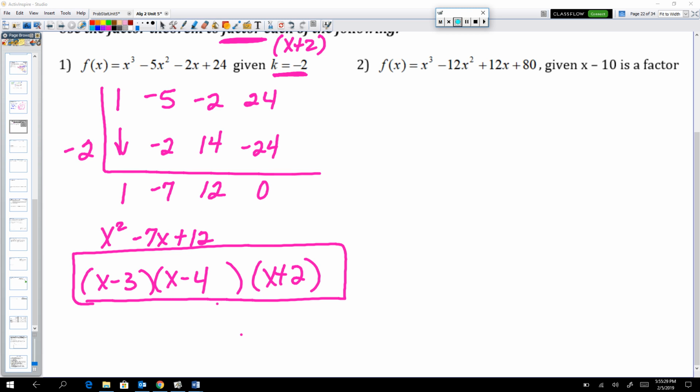Additionally, a little self-check that you can do for yourself is to take a look right here. Before you go any further in these factoring problems, make sure that this is a 0, that there's no remainder before you go into the quadratic element. If there's a remainder, this is not going to get factored. And you know your Algebra 2 teachers would never hand you a factoring problem that can't be factored, okay?